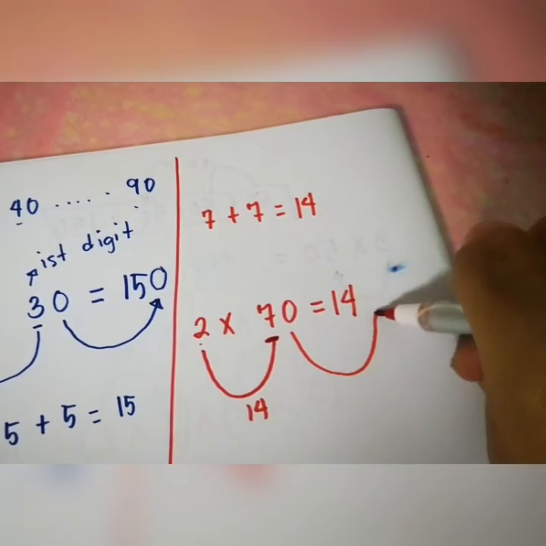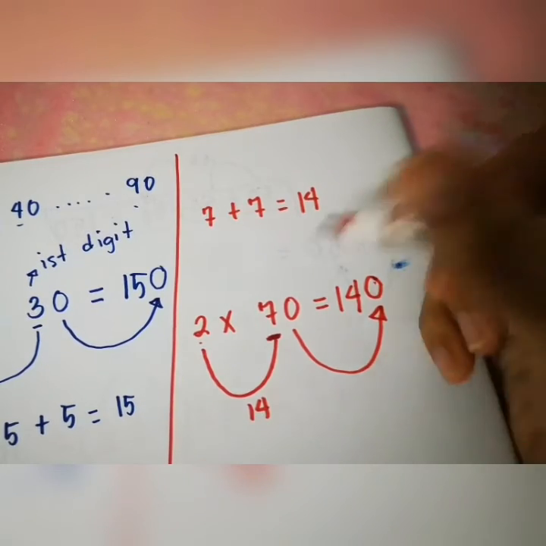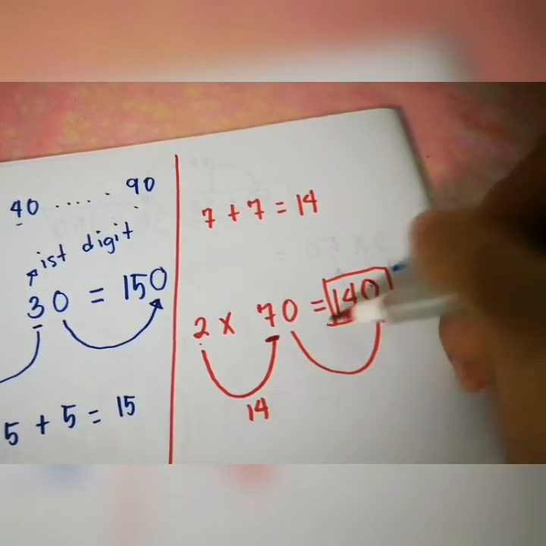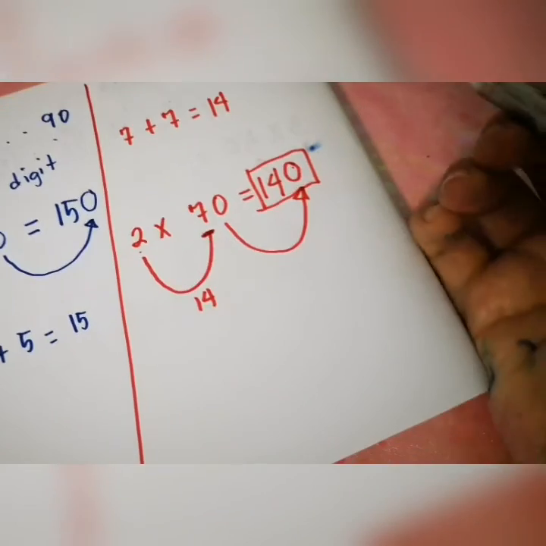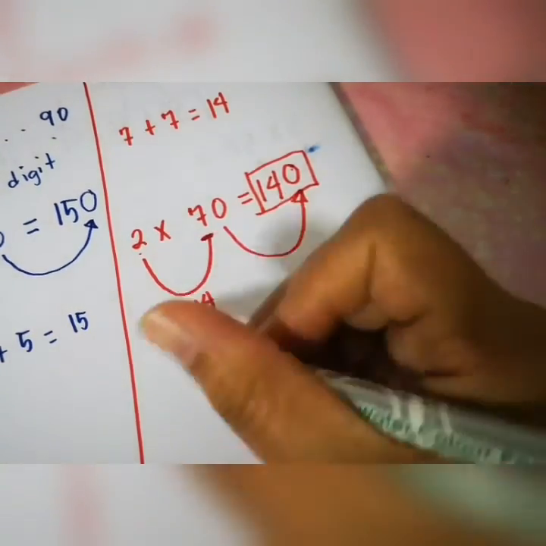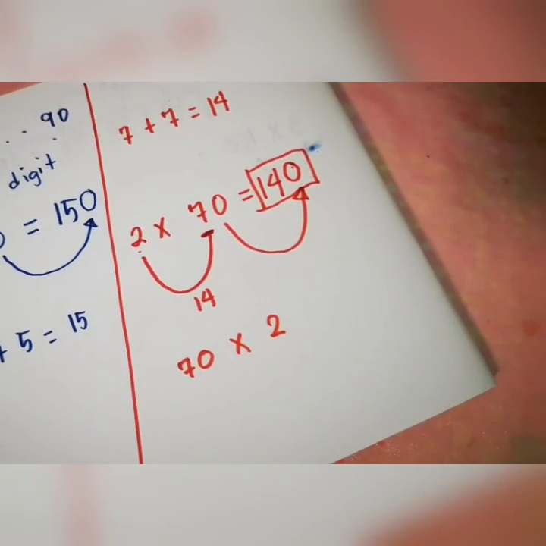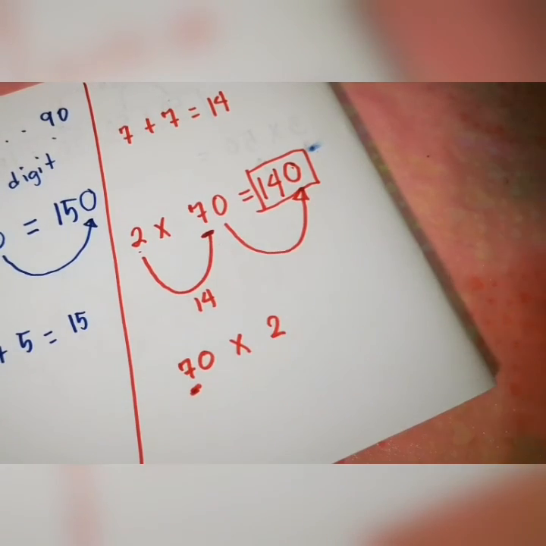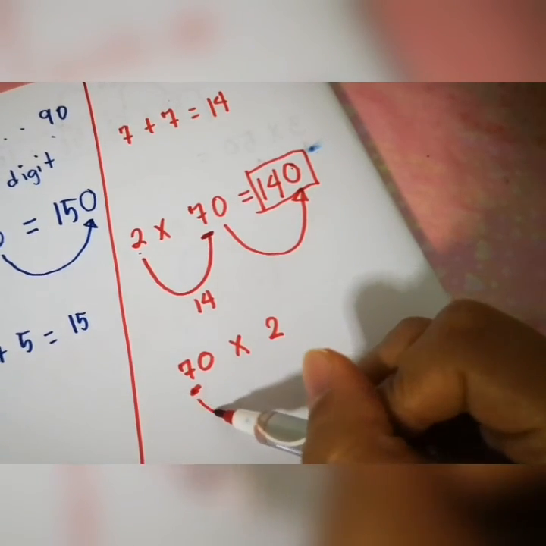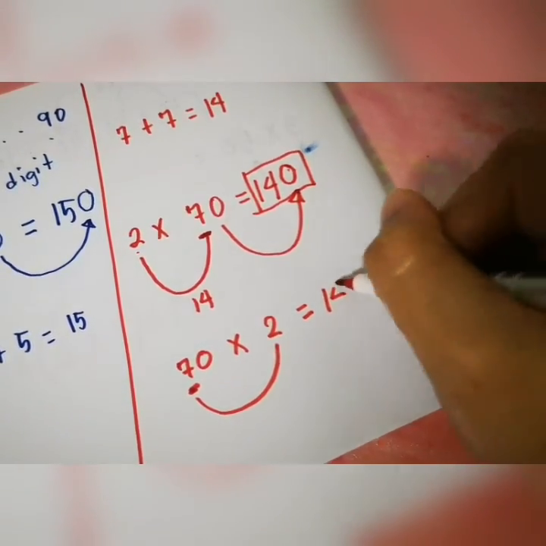And then put 0 next to number 14. You got the answer 140. So that's how we are going to answer. The same as, for example, if you exchange 70 and 2, the answer is still the same. So again, we will multiply only the first digit. 7 times 2, we get 14.